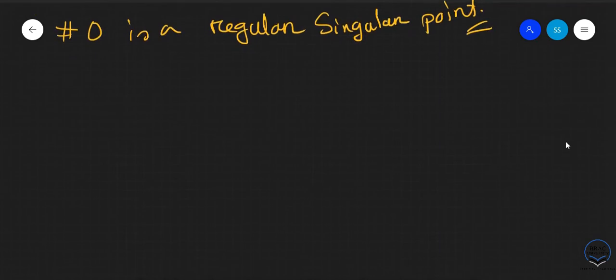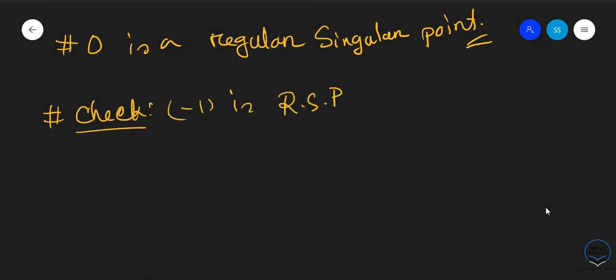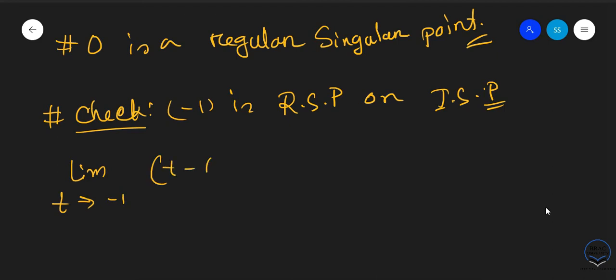Now let's go for minus 1. So checking whether -1 is a regular singular point, that means RSP, or irregular singular point, ISP. Again, we are going to use the same thing. We say t goes to -1, you write t minus -1, and here you should have right now the q.